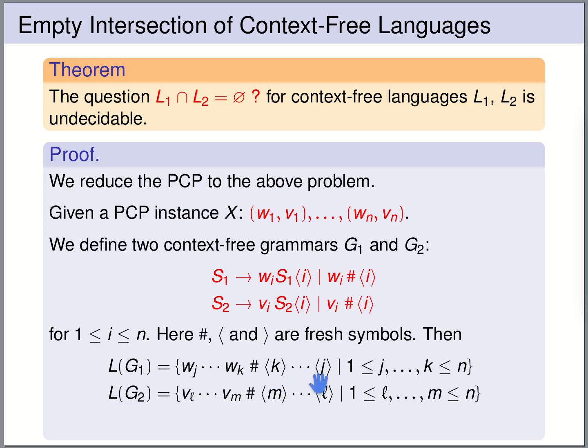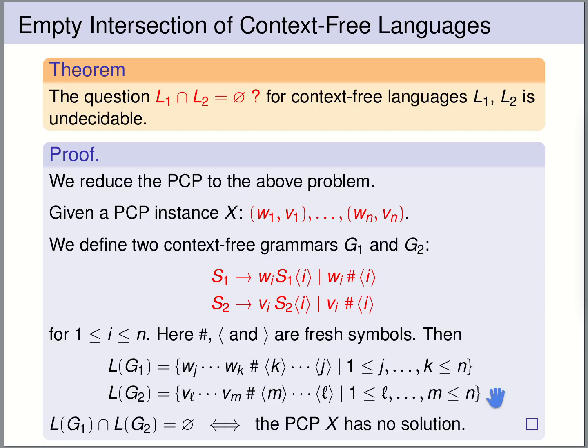And since we pick the same indices in the same order, we get, for the first grammar, a concatenation of the left entries of these indices. And for the second grammar, we get a concatenation of the right entries for the same indices. So this matches only if we have found a solution of our Post Correspondence Problem. So these 2 languages intersect if and only if the Post Correspondence Problem has a solution.